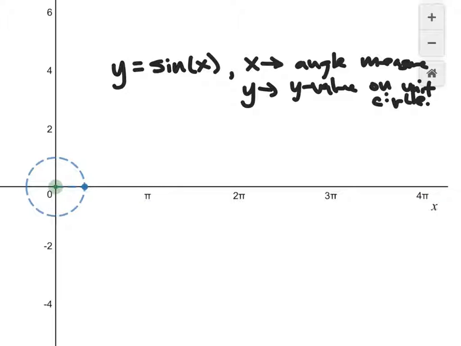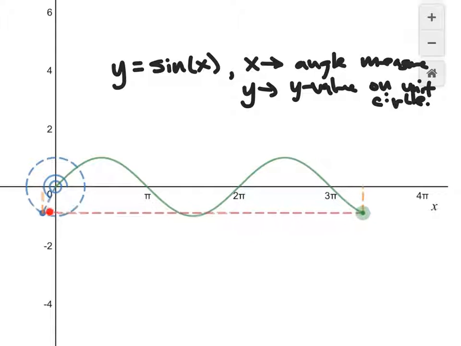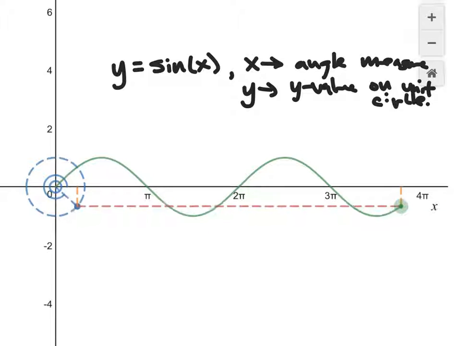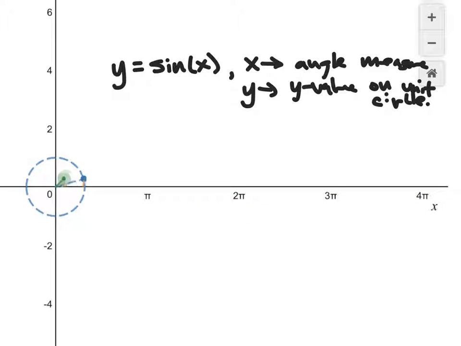Okay, so I'm going to play this animation. As this radius goes around the circle, there are a couple things we can notice. Number one, as this is moving across, that represents the angle measure. Let's start back at the origin.